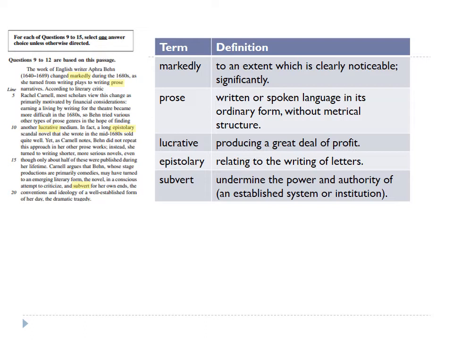So I've given you the terms and definitions for some of the higher level vocabulary in here. So this is the first part of the passage, and we'll move on to the second part of the passage.